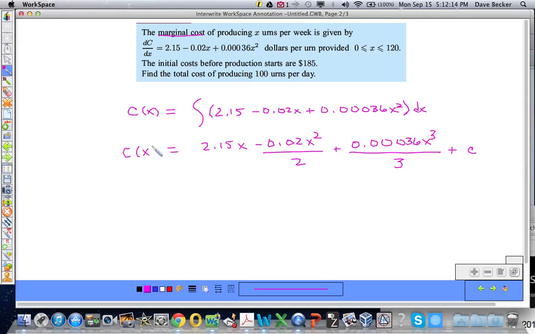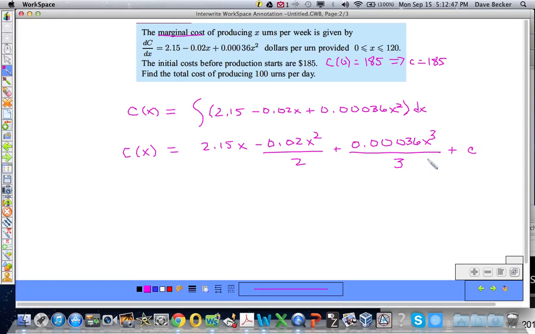But we know that C(0) is equal to 185, because before we produce any urns, the initial cost is $185. So replacing x with 0, we would get that our constant C is equal to 185.